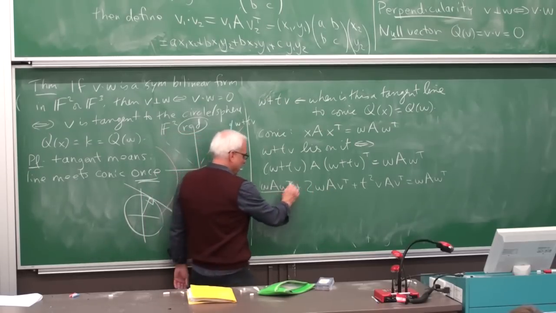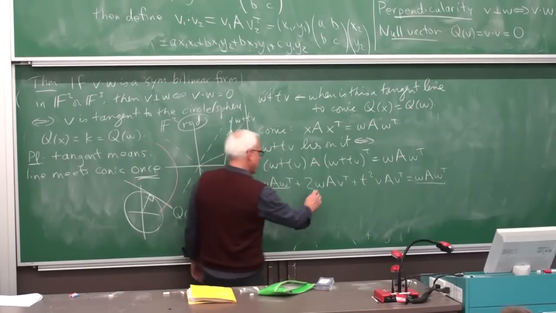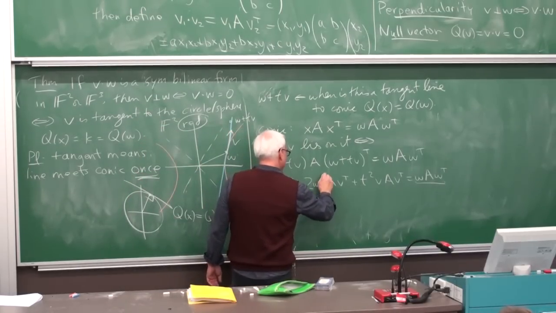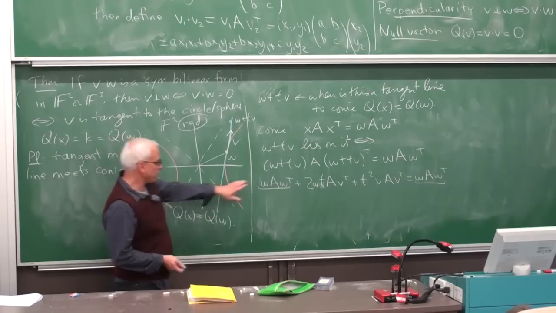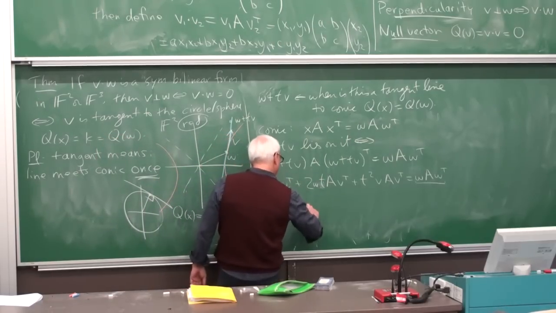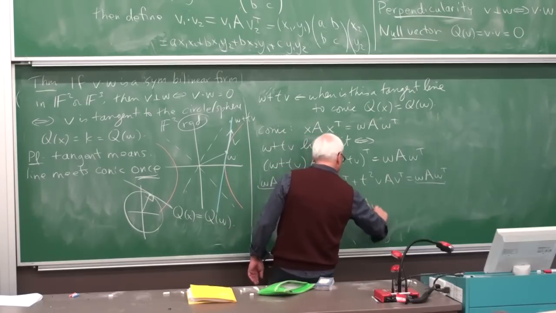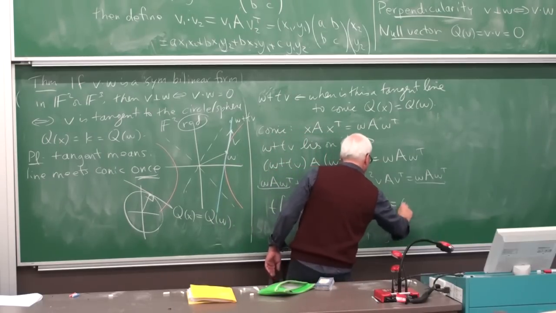All right, now fortunately this one here and this one here cancel. And there's a T. Yes, there's a T, of course. A very important T. So after we cancel these common terms, we get T times 2WAV transpose plus TVAV transpose equals 0.